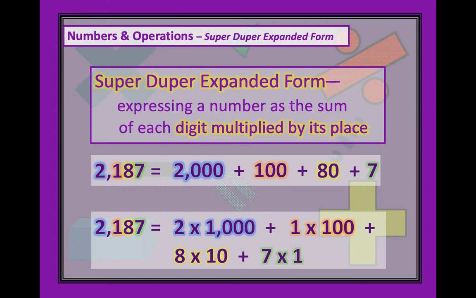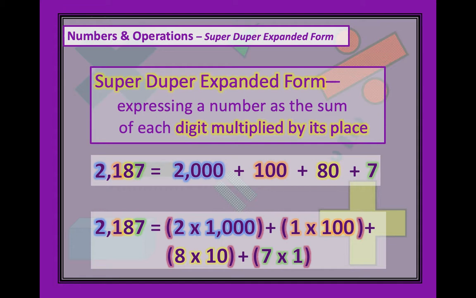To help keep your work even more organized, you can add grouping symbols around the value of each of the digits. That makes it more clear and makes it easier for you to check your work by making sure those multiplication problems work out to the correct value for each digit. I can see that 2 times 1,000, I know right away that's the value of 2,000.